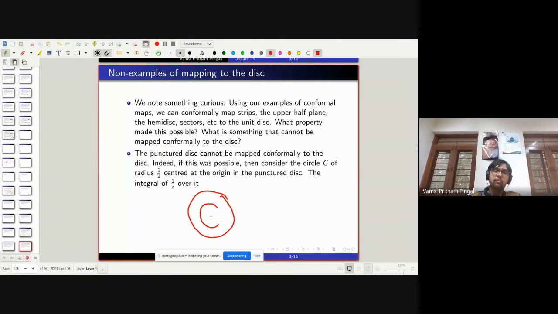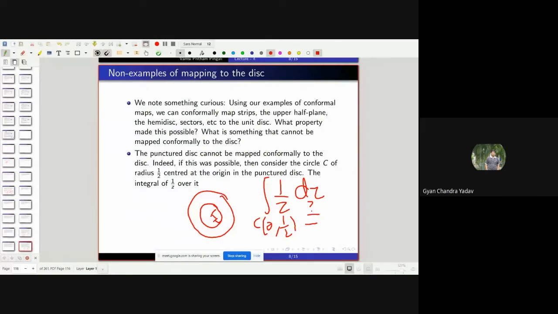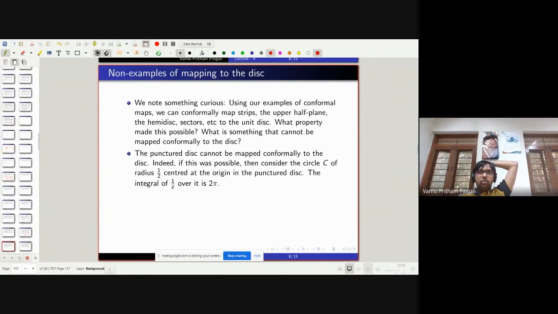If I take a circle of radius half and I try to integrate 1 by z dz over this circle, what will I get? It's 2 pi i. That's Cauchy's formula. You can actually do it explicitly.